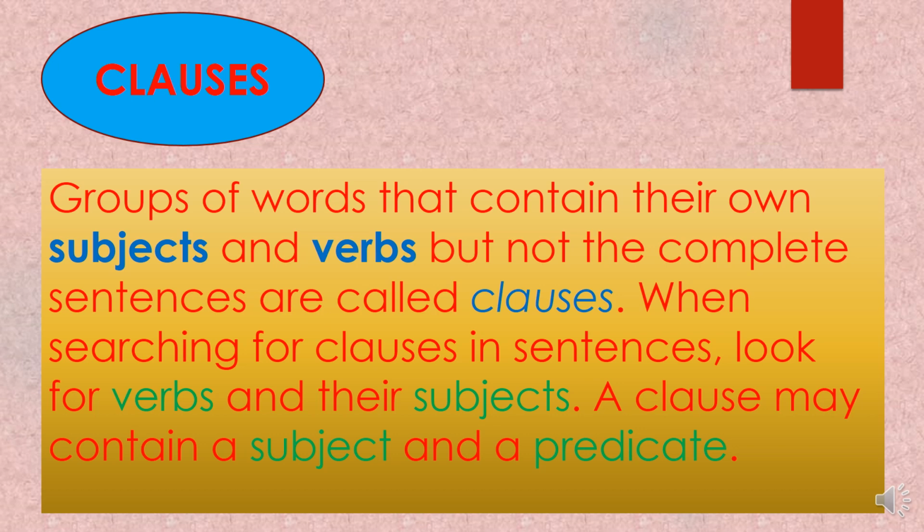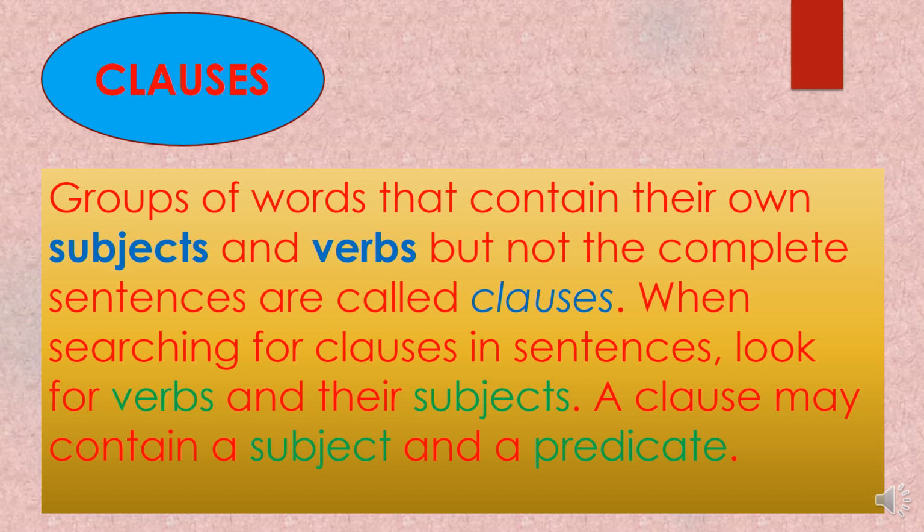On the other hand, clauses can stand alone as sentences because they have their own verb and subject. They make a sentence but not the complete sentence. They are a part of a sentence and can be considered as a sentence but not the whole sentence.